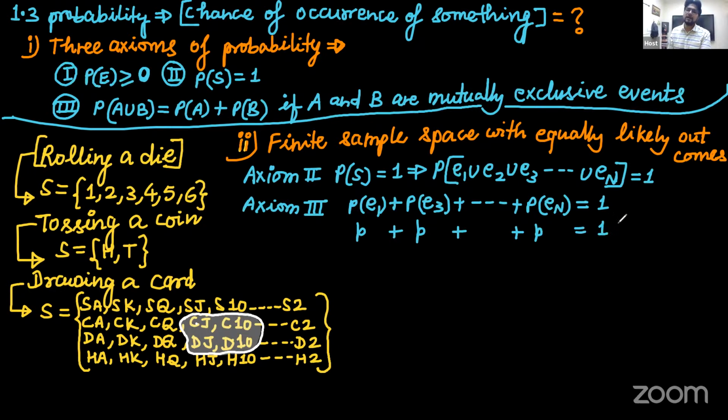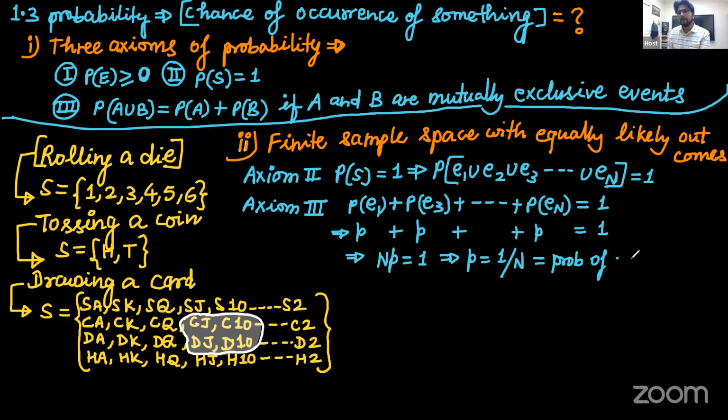You are essentially adding small p, small p, small p, small p. How many times? Capital N number of times. So you get small p is equal to 1 upon capital N. This is the probability of each outcome.